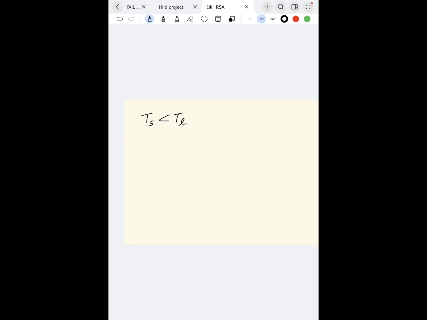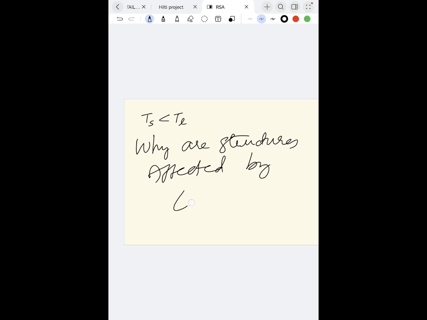Now we get one big question: why are structures affected by earthquakes?